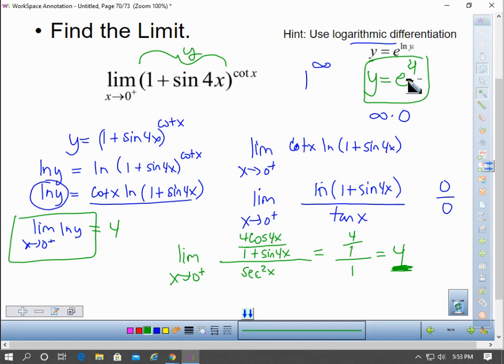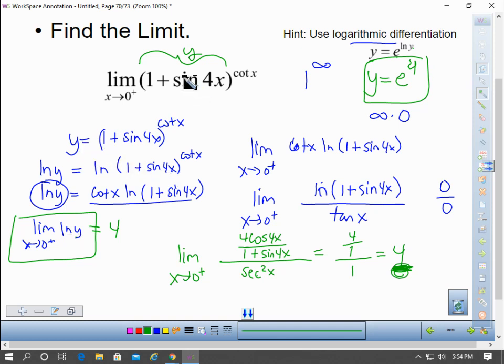I know. But you have to remember what we did was logarithmic differentiation. We took the natural log of this problem. So we were no longer just finding the limit of y, we were finding the limit of the ln of y. So this answer over here is the limit for the ln of y. I don't want that.